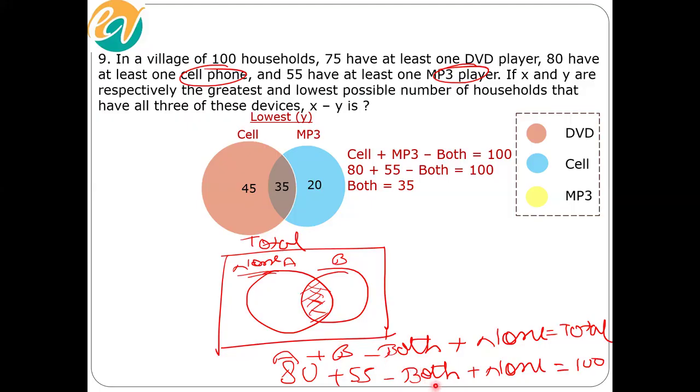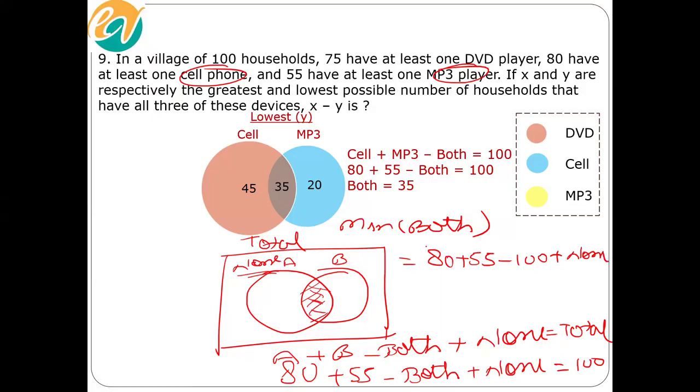Now, from this formula, we have to find out the minimum value of both. And what will both be? 80 plus 55 minus 100 plus none.